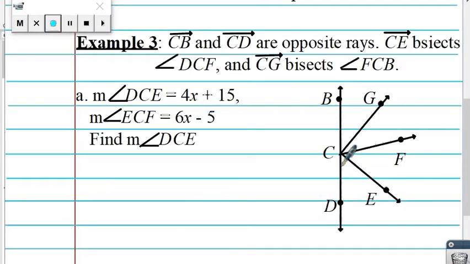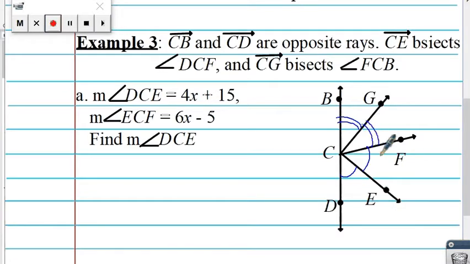So we start with angle DCF, and we have ray CE bisecting it, which means these two angles are going to be congruent. Then they tell us that ray CG, that's this one, bisects angle FCB. So that means that these two angles are also congruent.